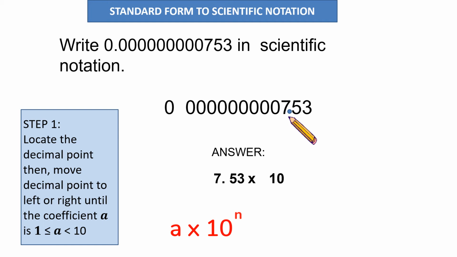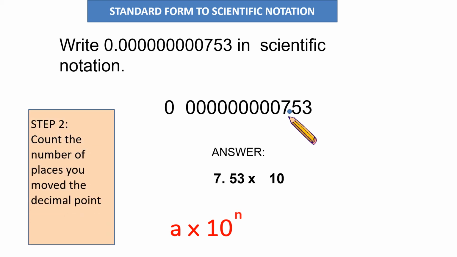To determine now the exponent, we will count the number of places we move the decimal point. So we have 1, 2, 3, 4, 5, 6, 7, 8, 9, and 10.